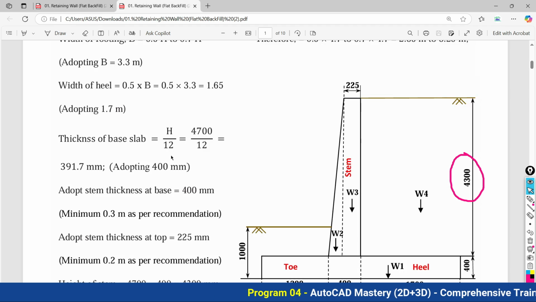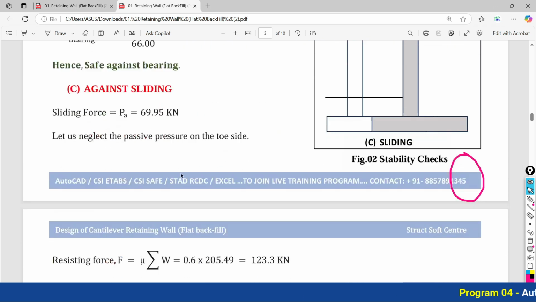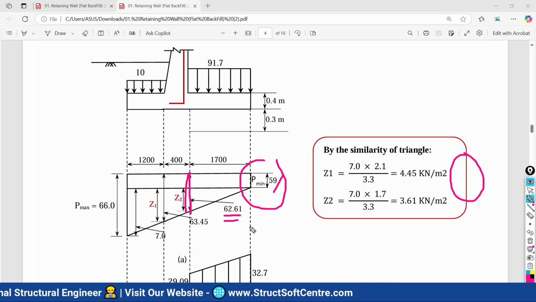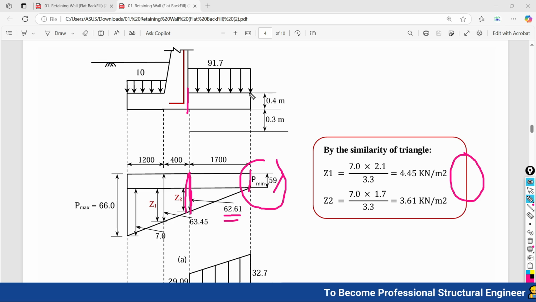But you know very well the upward soil pressure we already have calculated in this figure. So on this side the total upward soil pressure is 59, and here the ordinate we already have calculated is 62.61 kilonewton per meter square. So the resultant or net pressure at these two sections, means at the face of the stem and at the edge of the heel, we need to calculate.